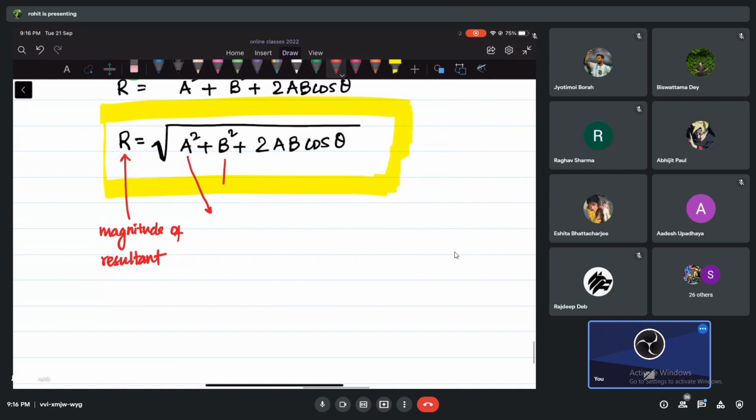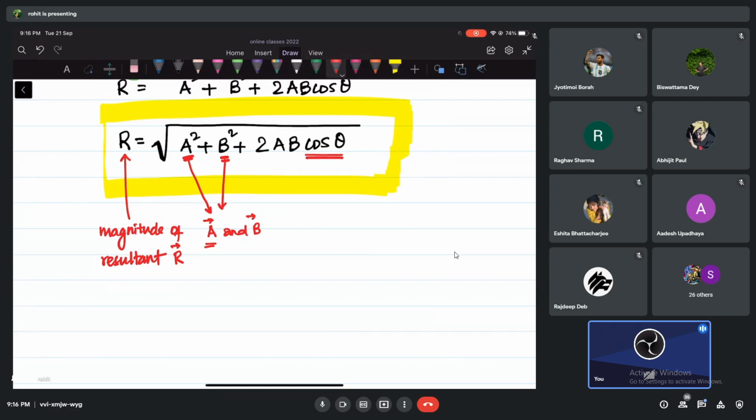Resultant of what? A and B. A and B are two vectors, and A has a size of A, of course, and B represents here magnitude. Okay, these are magnitudes. Plus twice AB, magnitude of A, magnitude of B, cosine of the angle between them. Okay, this is how you need to use it.